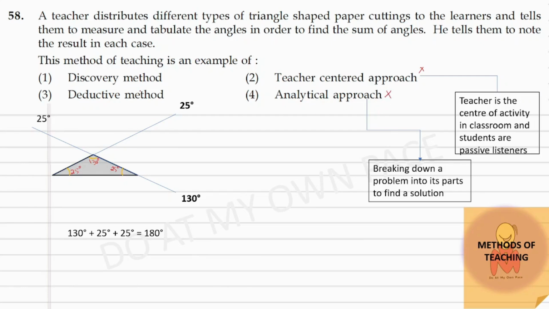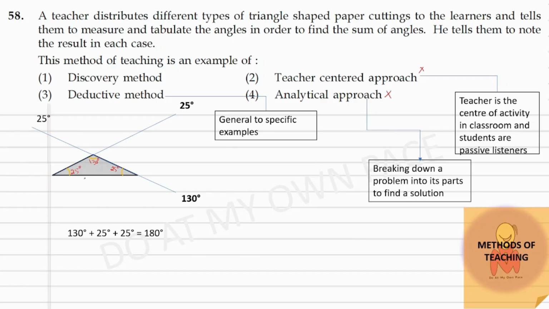Next, deductive method. General to specific examples are given. If the teacher has explained that the sum of the angles of a triangle is 180 degree, and then told them to find the angles, then it would be the deductive method.